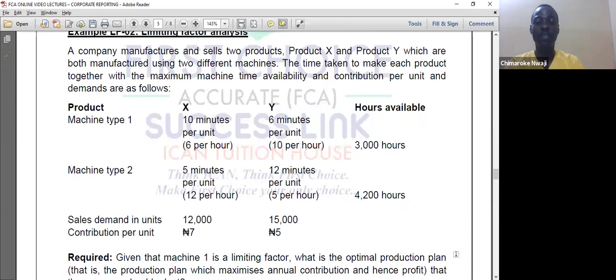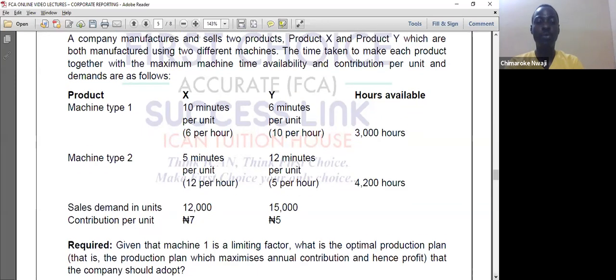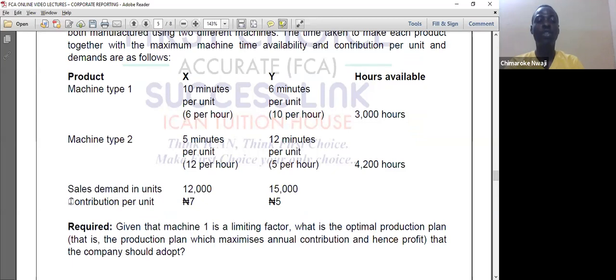Now the difference between example 1 and example 2 is the addition of this contribution per unit. 7 naira, 5 naira. Now it is important that this question has contribution per unit because we were not given the selling price nor the variable cost per unit. But if we are given these, then you will not be given contribution per unit. So anything that will help you to get contribution per unit will be given to you.